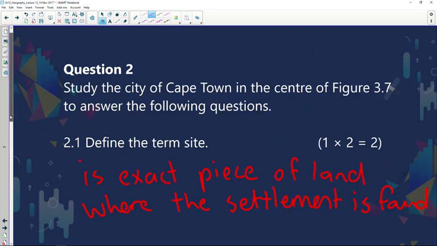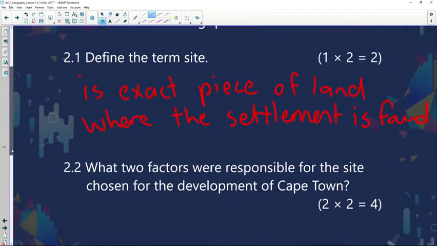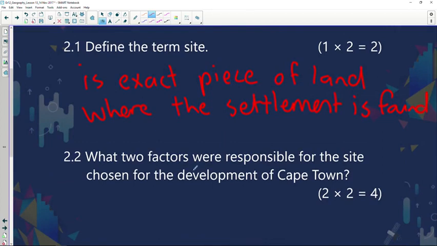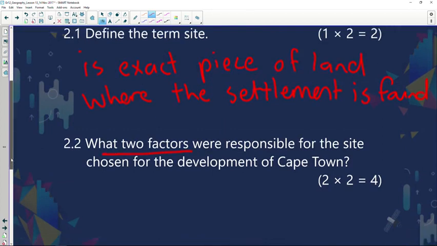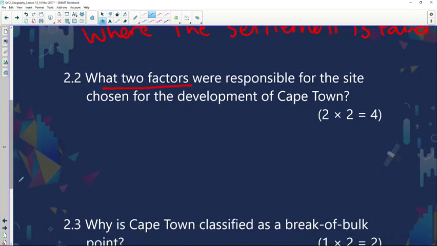Now the next question is probably going to ask us, what two factors were responsible for the choosing to develop of Cape Town? Now first of all, the first settlers arrived in 1652 in South Africa. And the reasons why they chose that site is probably because of the harbours, natural ports.